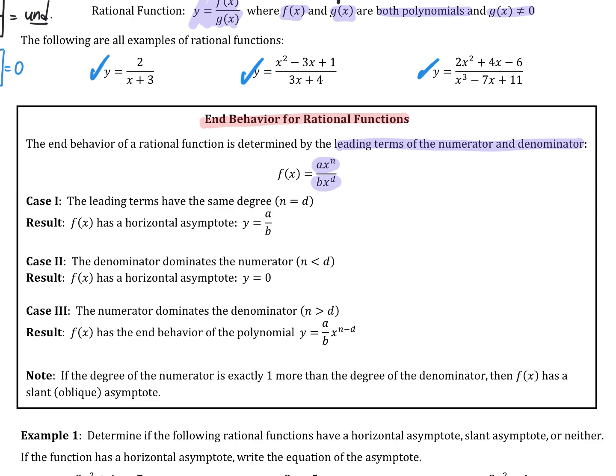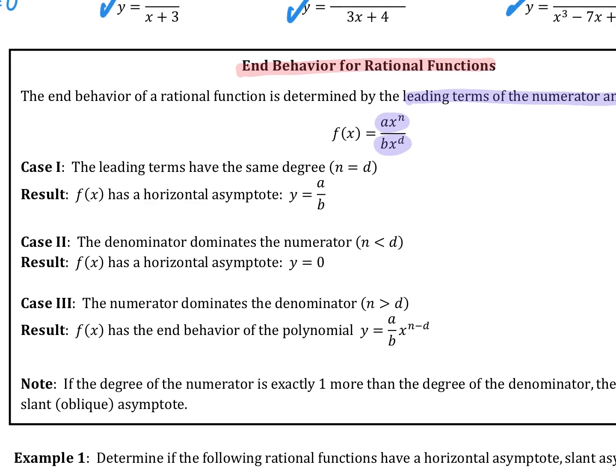So let's look at case 1. The leading terms have the same degree. That means that the horizontal asymptote that's going to be formed here is the ratio of the leading coefficients, a over b.